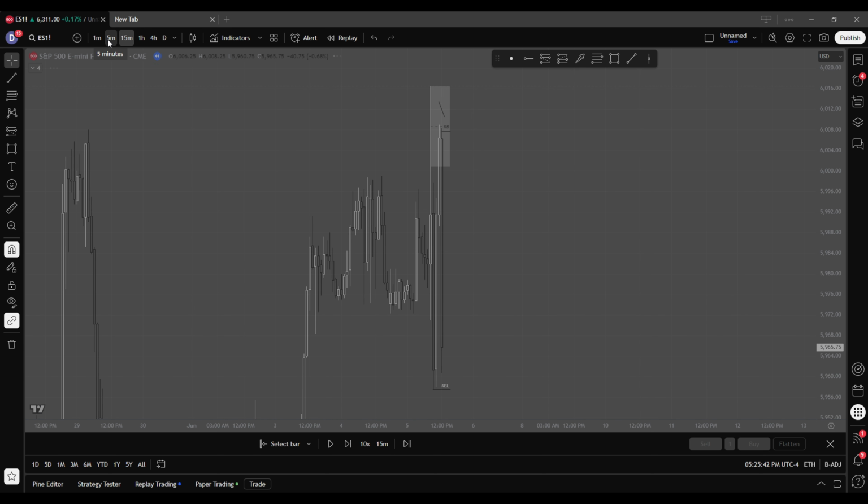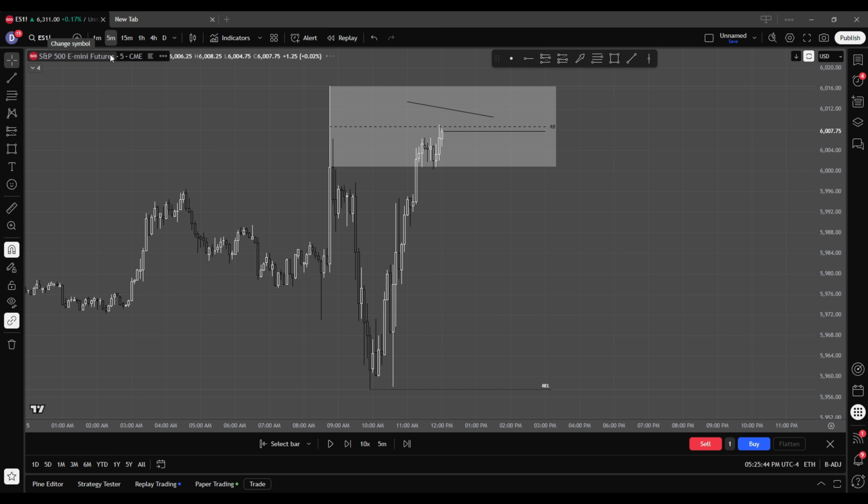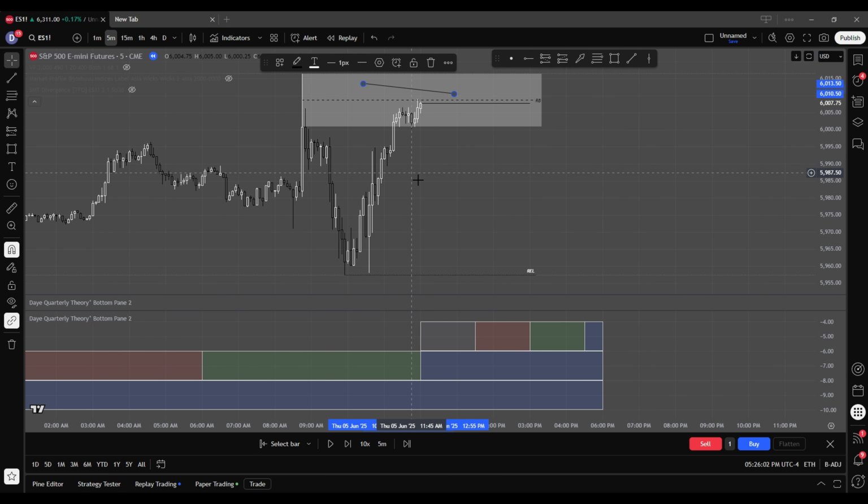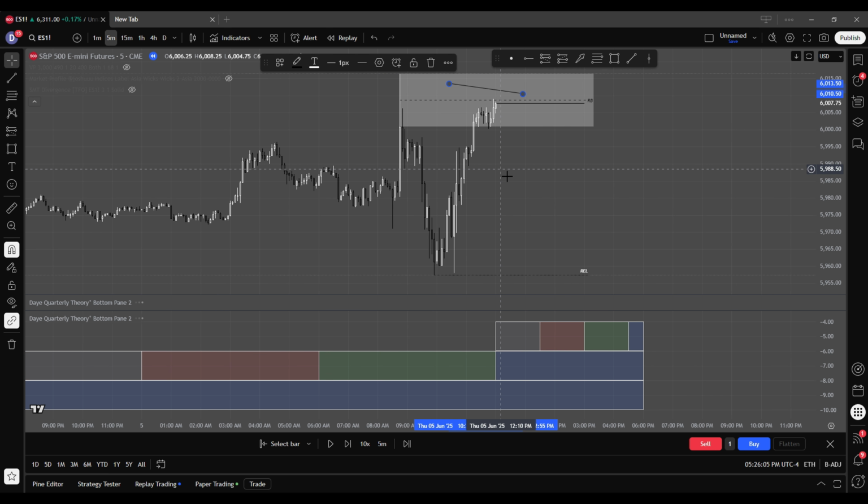So what can we say? You could say, if I get rid of one of these and go into quarterly theory by 2 degrees, you can say that there is a sequential SMT on the daily cycle, on the 15 minute.